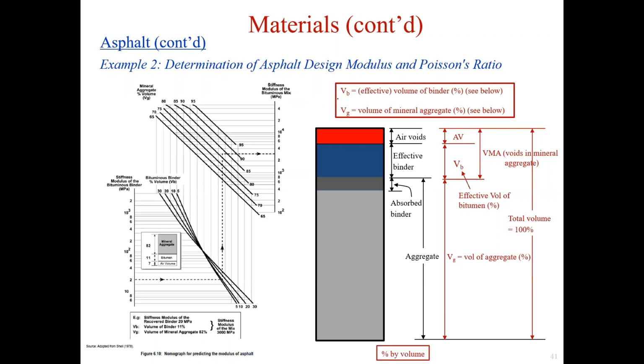After we get the stiffness modulus of the bituminous binder, for this case 20 megapascal, next we go to figure 6.10. So we label SB here, 20 here.